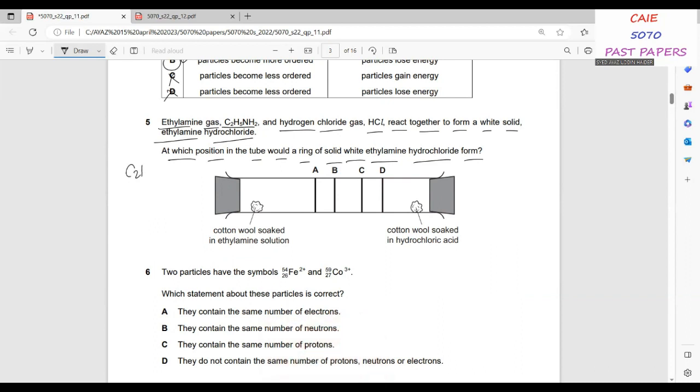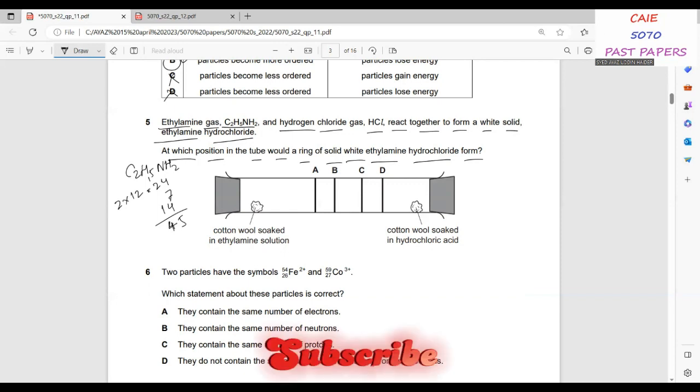C2H5NH2: you know the Ar of carbon is 12, so we have two carbon atoms, 2 multiplied by 12 gives 24. We have 7 hydrogen atoms, and the Ar of hydrogen is 1, so 7 multiplied by 1 will be 7. Ar of nitrogen is 14, so I will write 14 here. If you add up these, we get 45 as Mr of C2H5NH2.